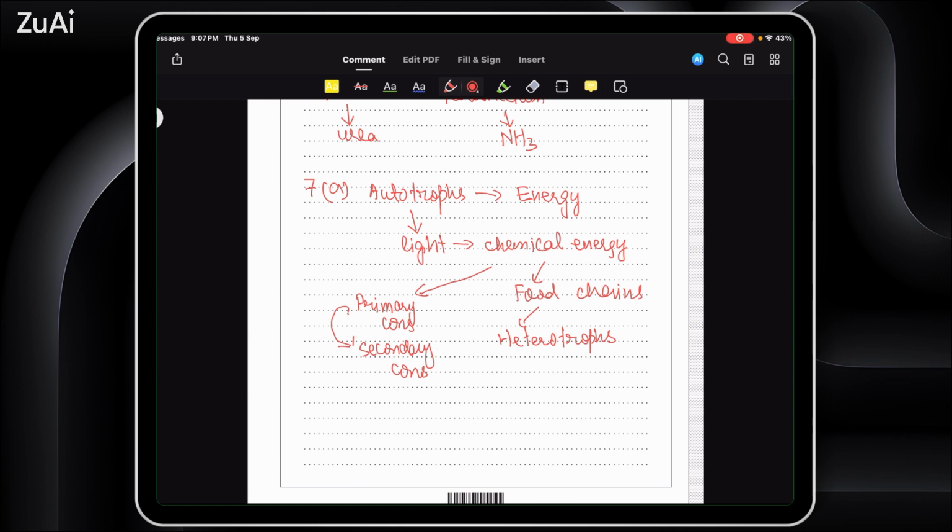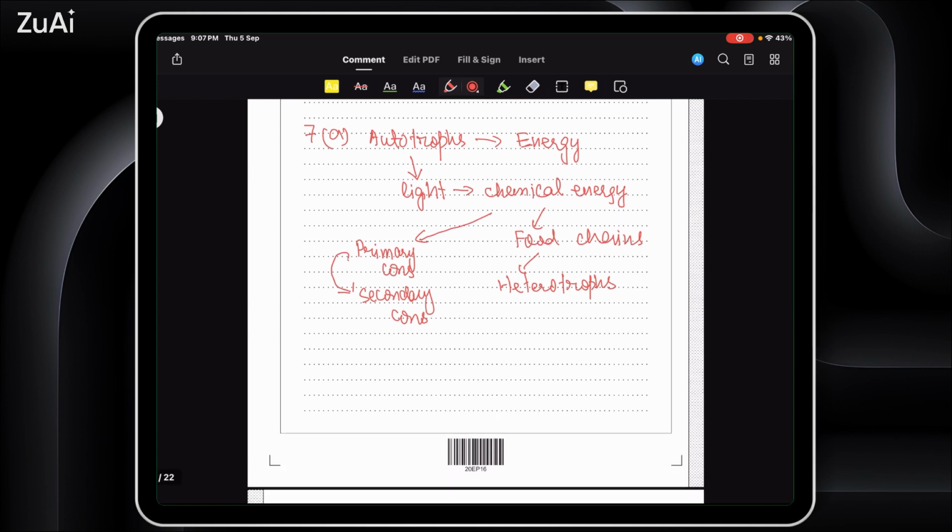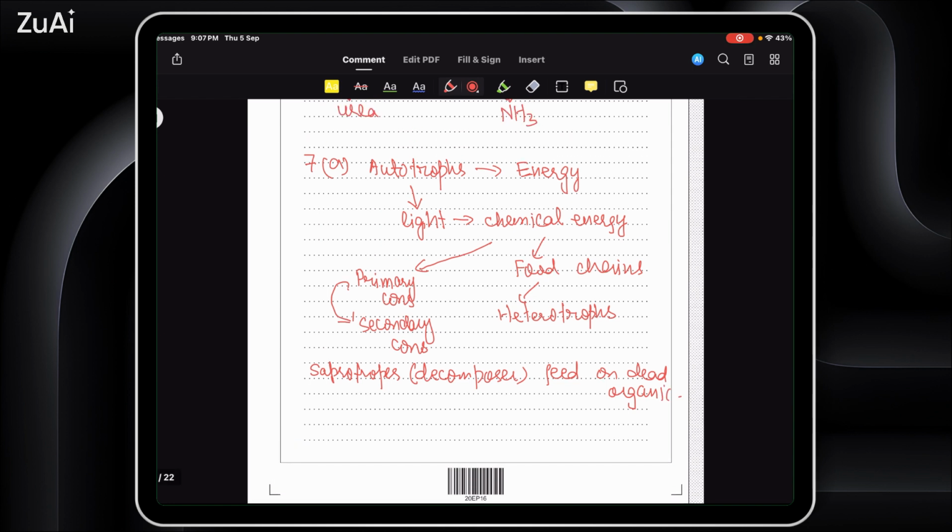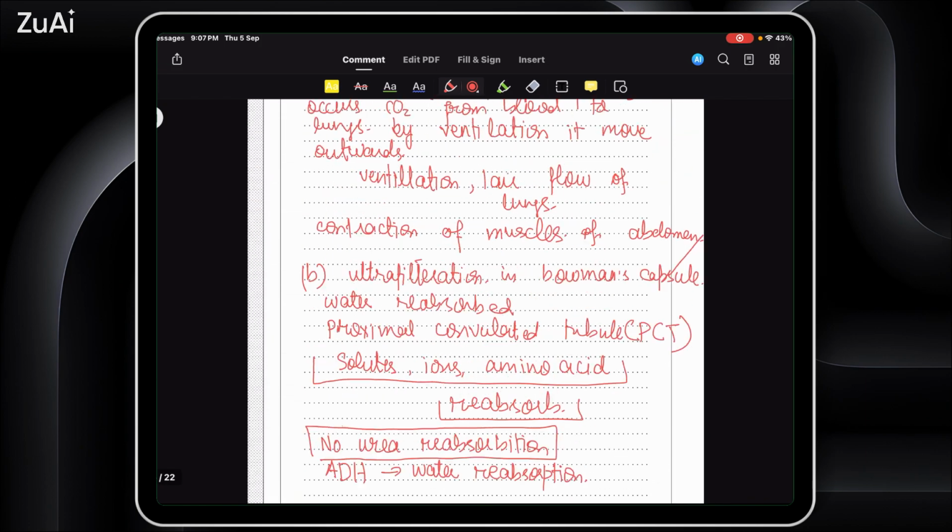That's how the food chain works. And then there are saprotrophs, which are basically decomposers. They get food by decomposing material, feeding on dead organic matter. So you have to explain the entire process for 7 marks.